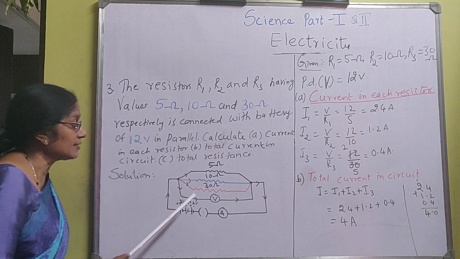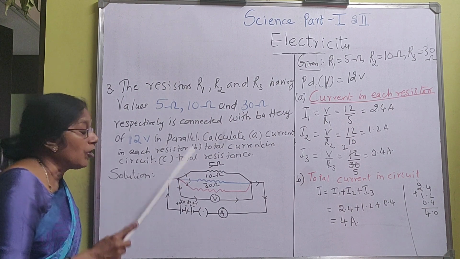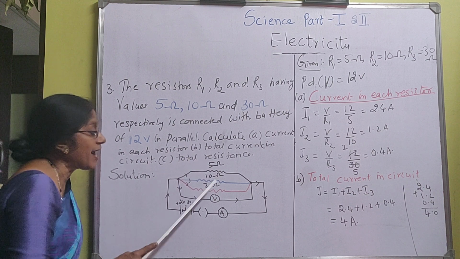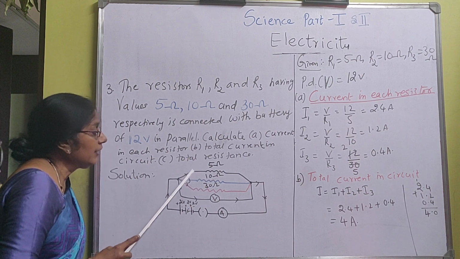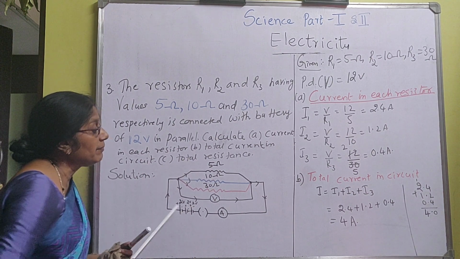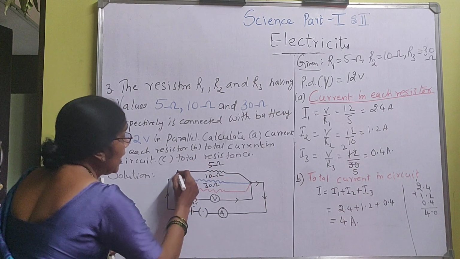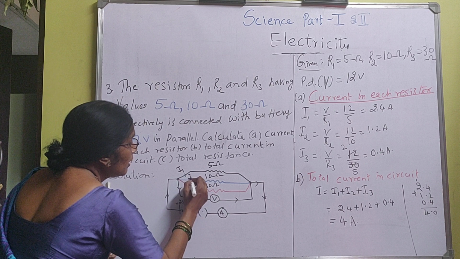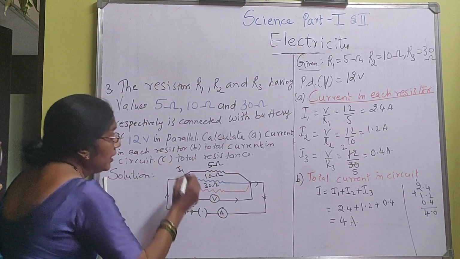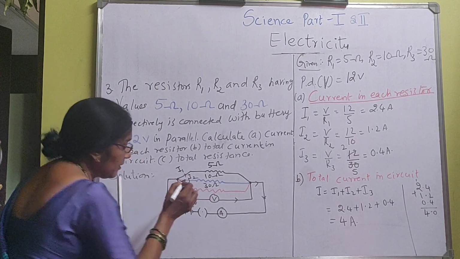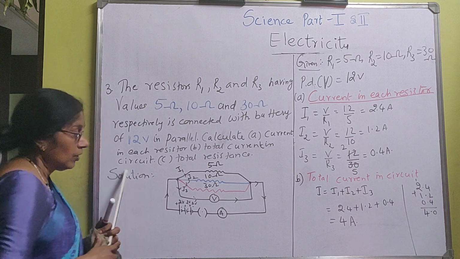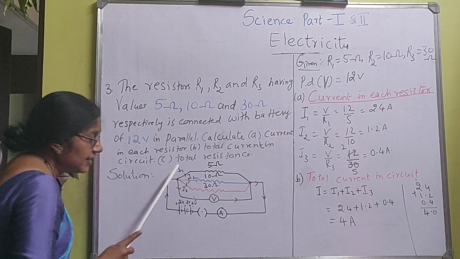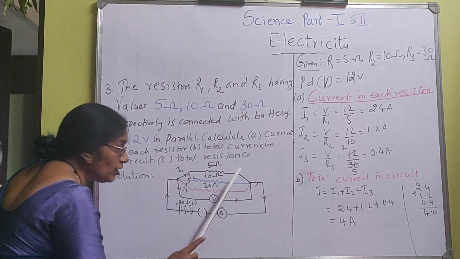I have already explained, whenever the combination of resistors is in parallel, the current in each resistor will be different. In 5 ohm, let the current be I1. In 10 ohm, let the current be I2. In 30 ohms, let the current be I3. So, there is a difference. In series, the current is constant in all the resistors.